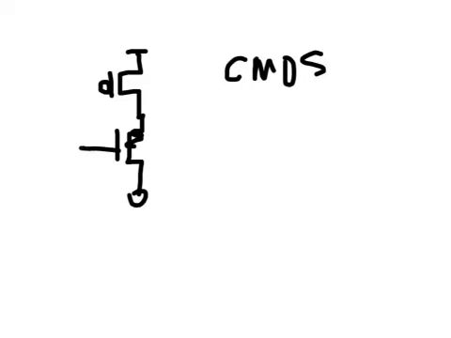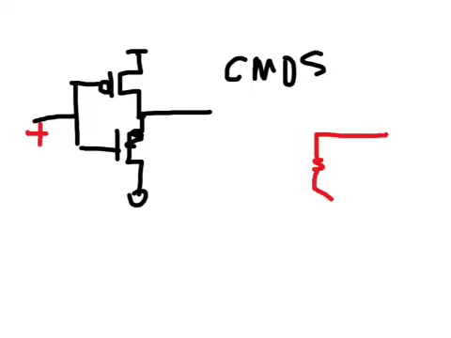where we use a combination of NMOS and PMOS to provide the pull up and pull down. And the advantage of this circuit is such. When the digital circuit must be pulled down, that is when a positive voltage is applied here, the pull down occurs through the strong NMOS, and so it's very rapid.